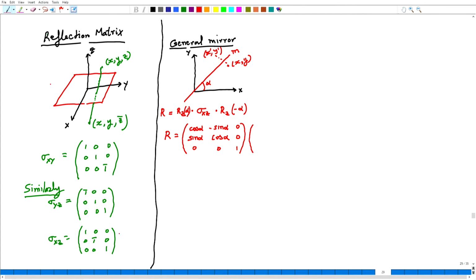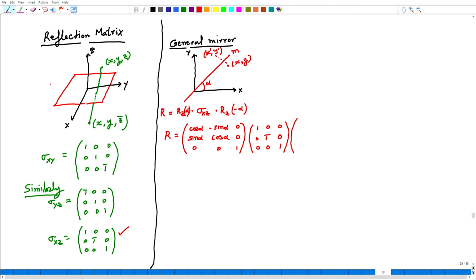This is going to be 1, 0, 0, 0, minus 1, 0, 0, 0, 1. And then finally, the first operation that we do is Rz minus alpha.